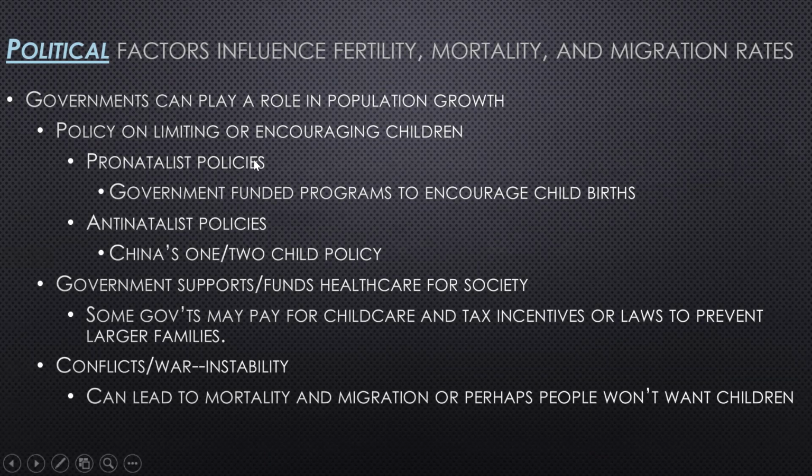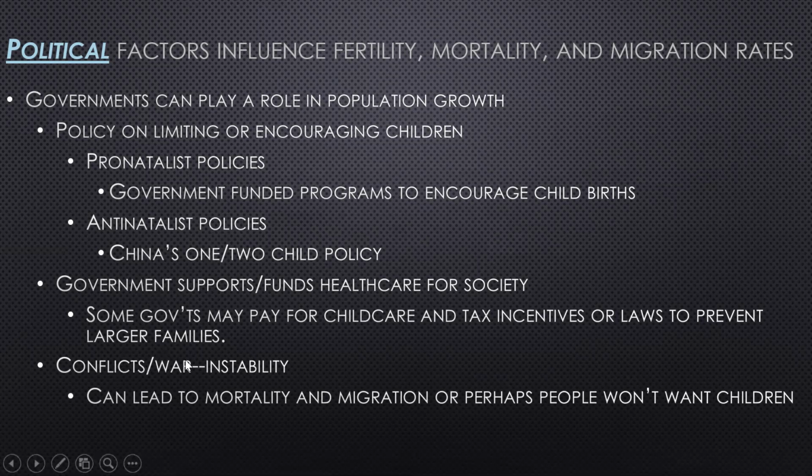We'll look at these policies a little more. Or there might be government supports, funds, healthcare for society. Some governments might pay for childcare, and there might be tax incentives that are lost to prevent larger families.